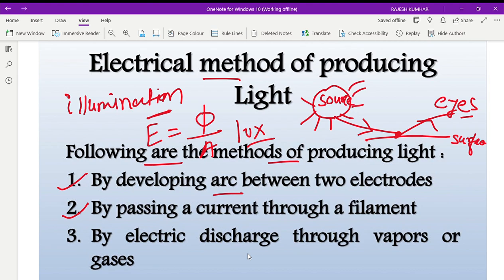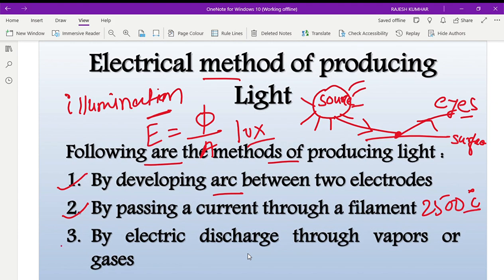At low temperature only heat is produced, but at higher temperature light radiation goes on increasing. A filament lamp consists of a fine wire of high resistive material placed in an evacuated glass lamp. The operating temperature of this lamp is 2500 degrees centigrade.